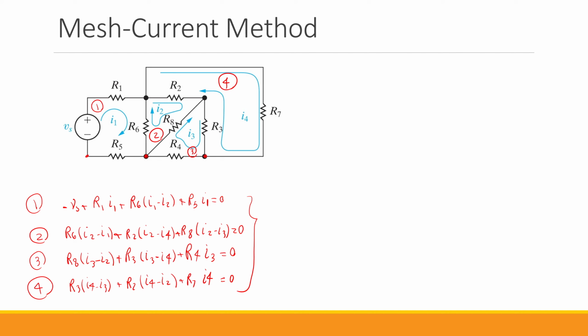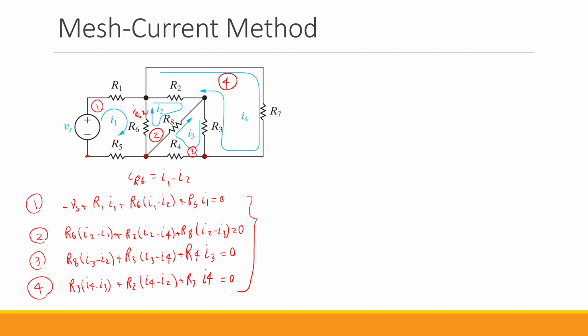Now you want to find the value for the current that goes through R6. The relationship for that is very simple. If the current I of R6 is in this direction, then I of R6 is going to be equal to I1 minus I2. You can do the same for the rest of them as well.